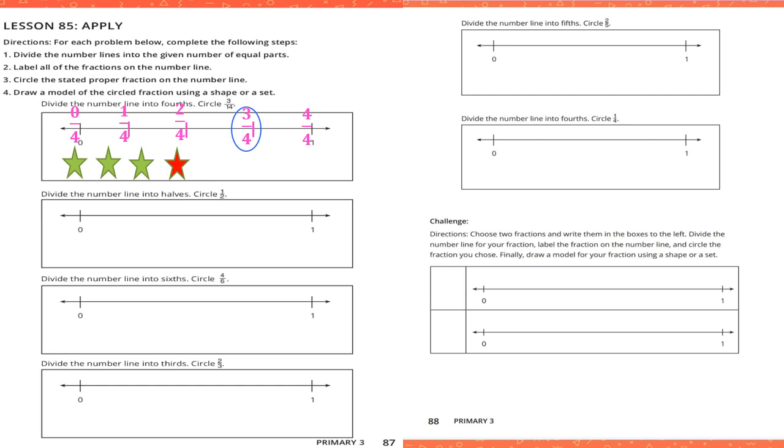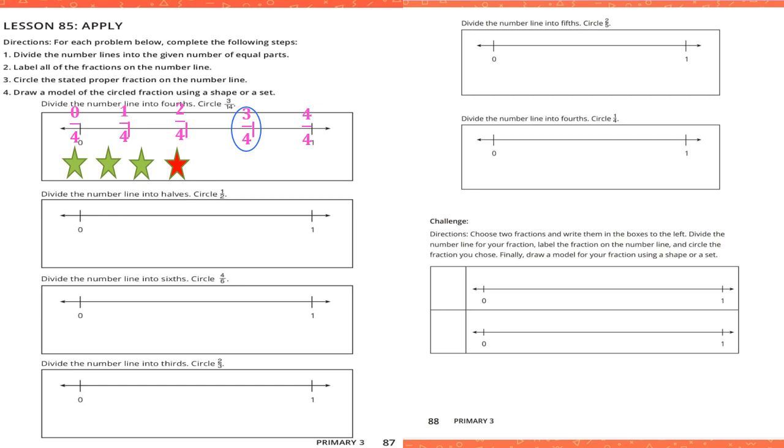Number 2. Divide the number line into halves. Halves, it means how many equal parts? Yes, 2 as a denominator, it means 2 equal parts.